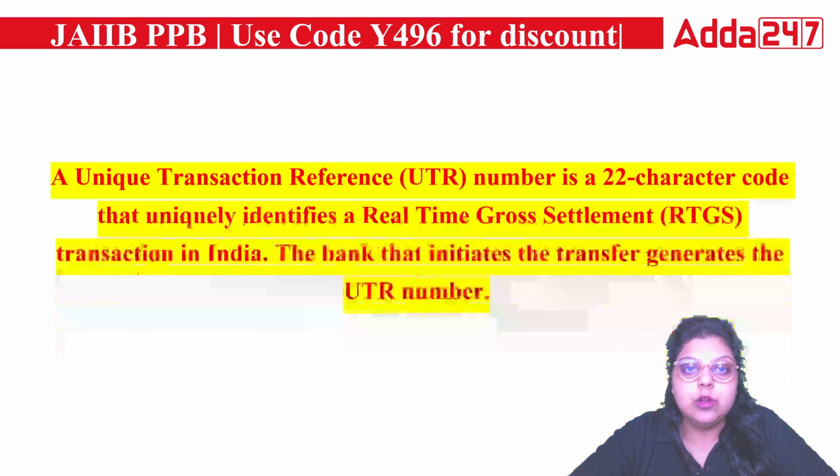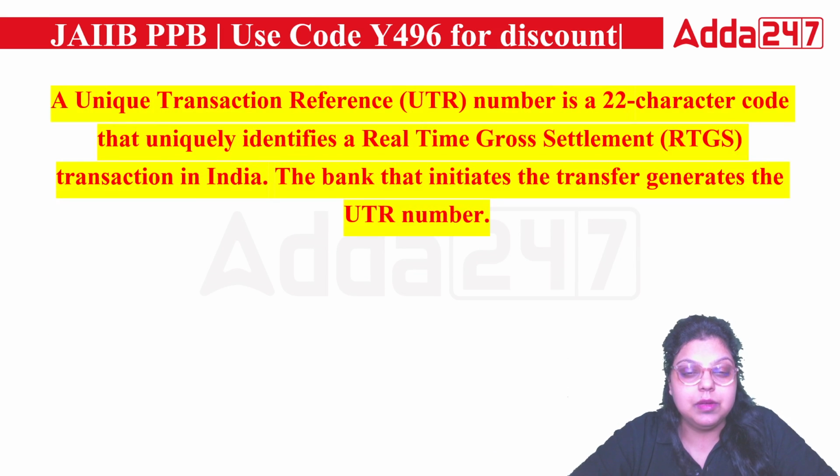The second important concept is about the UTR number regarding RTGS and NEFT. RTGS is Real-Time Gross Settlement in which a minimum of 2 lakh rupees can be transferred 24/7 and there is no upper limit on the transfer. The RTGS Unique Transaction Reference number is a 22-digit code, or I can say a 22-character code, that will be generated once you perform a transaction on RTGS.